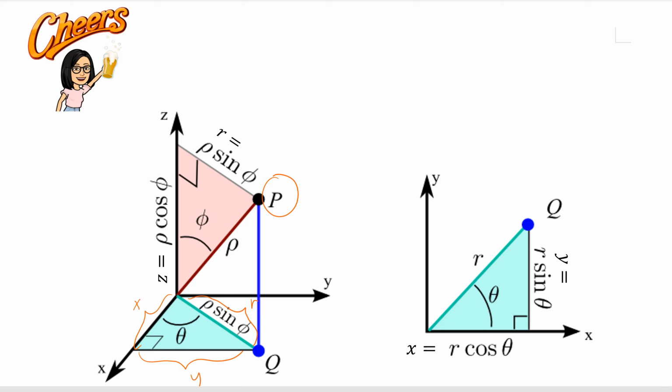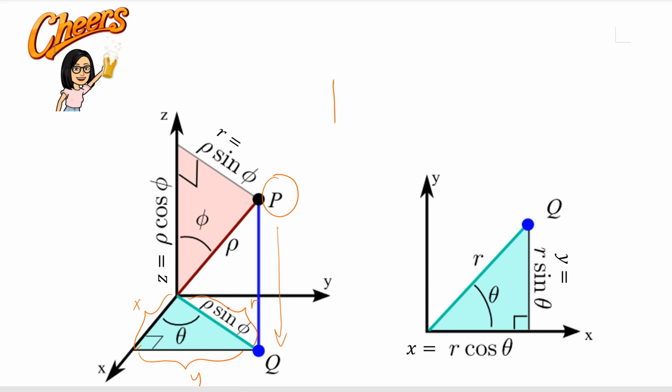When we project this point P to point Q on the xy plane, theta is the angle Q makes with the positive x-axis. Now can you see? We have this triangle. This is our r, and the distance from the point P to the origin is rho.